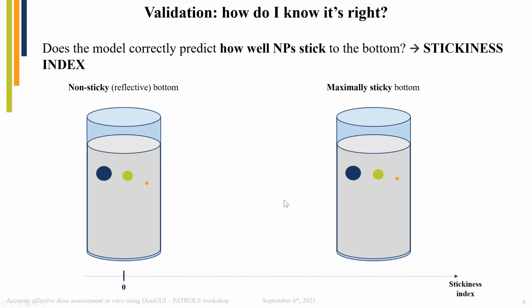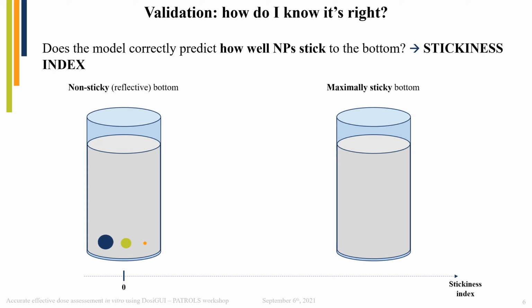We distinguished these two extreme types of behavior of cells as cells which are not sticky, so the particles tend not to absorb onto the cells, or cells which are very sticky, and as soon as a particle lands on the cell membrane, it's internalized almost immediately.